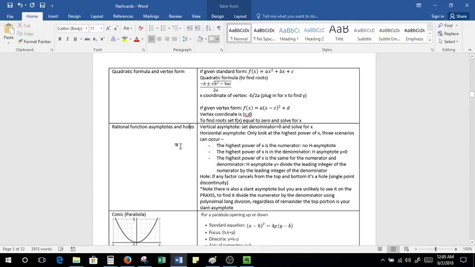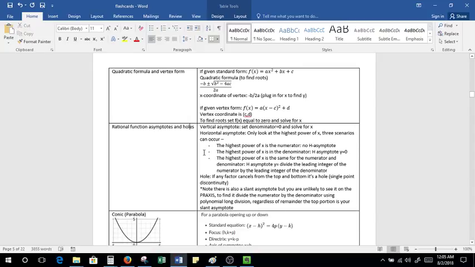For the horizontal asymptote, we only look at the highest power of x. And I'm assuming that everyone has put their numerator and their denominator in cascading order, right? Highest power to lowest, going left to right. So 3 scenarios can occur. The highest power of x is in the numerator, so there is no horizontal asymptote.